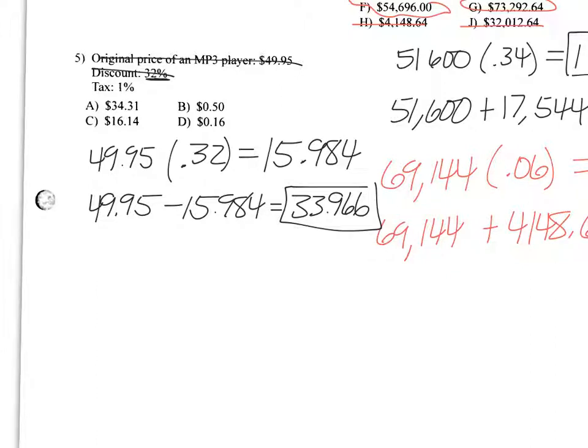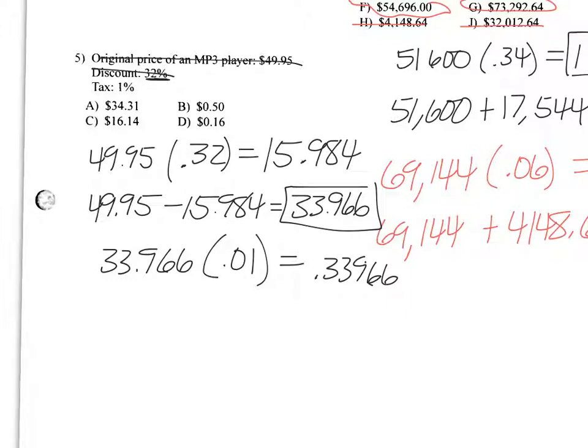Next, I'm going to do tax on that. So I'm going to multiply that by 0.01. So if I do that, that becomes 0.33966. Then tax is added back, so I'm going to add this back to that.